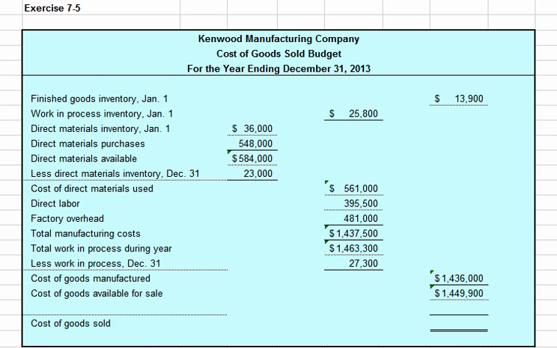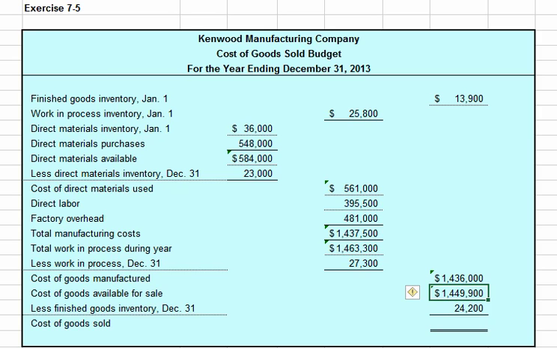But to get the cost of goods sold, did we sell everything we had available for sale? Well, usually a business doesn't. And they didn't here, or they don't expect to, because they expect their ending finished goods inventory to be 24,200. So we'll say less finished goods inventory December 31. They estimate that to be 24,200.